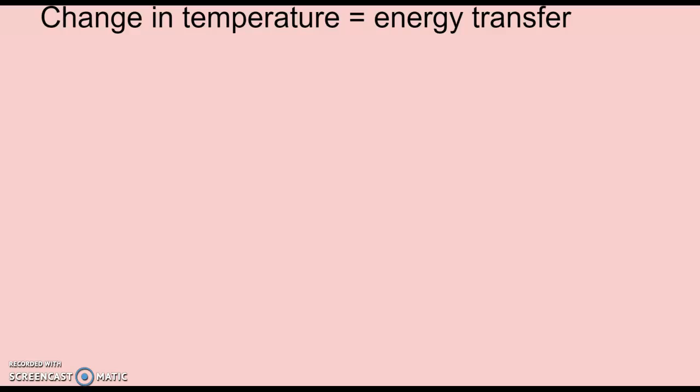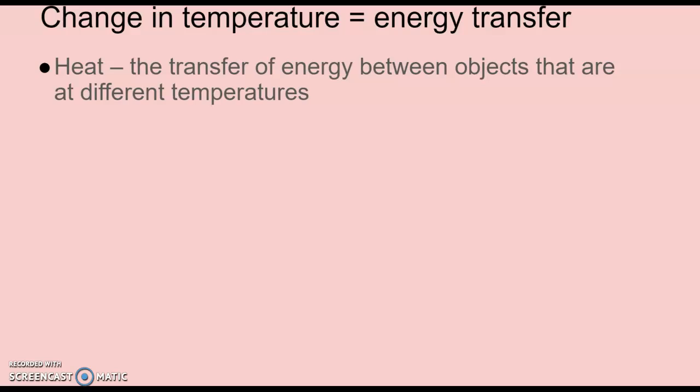So we're going to talk about how things change temperature because we know this happens. Things become warmer, things become colder. And what's actually happening here is that they're transferring energy. So heat. What is heat? If I am experiencing heat, that means that there's a transfer of energy between objects.